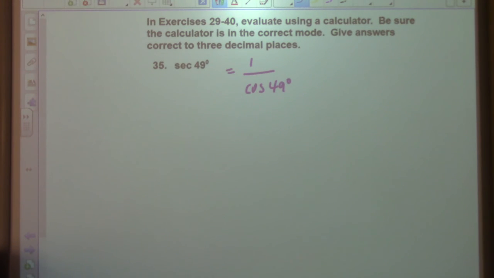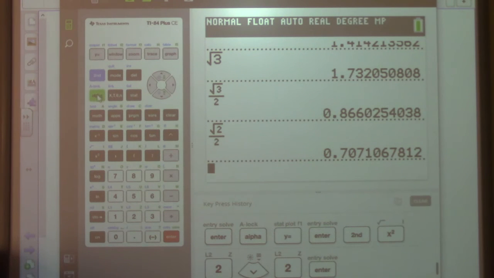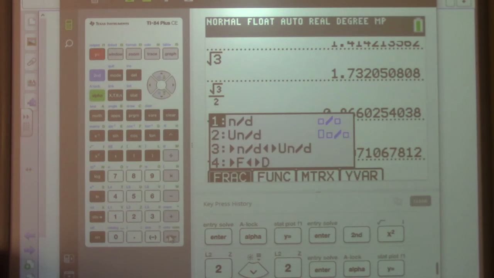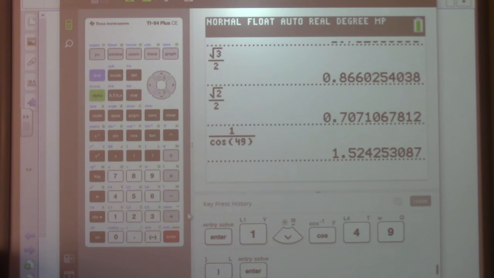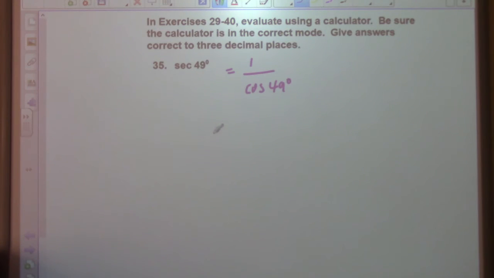So you go here, 1 over cosine 49 degrees, 1.524, right? Got it, Mr. G.